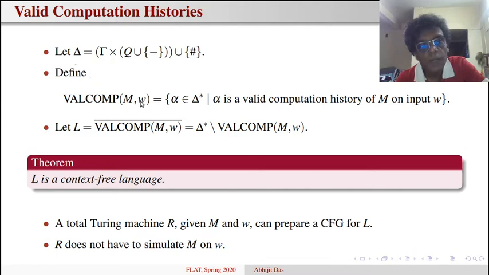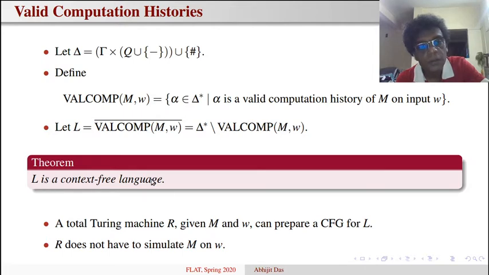Given M and W, we have defined the set of all valid computation histories of M on input W as VALCOMP(M, W), and we are interested in the complement of this language in delta star. Now I will show that this L is a context-free language.